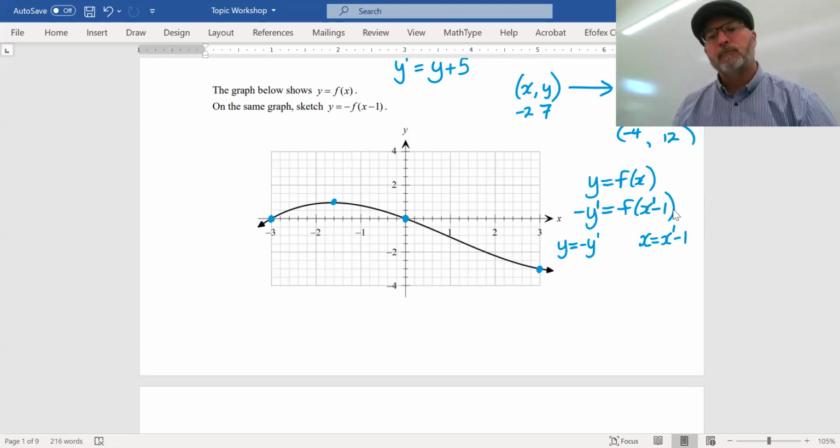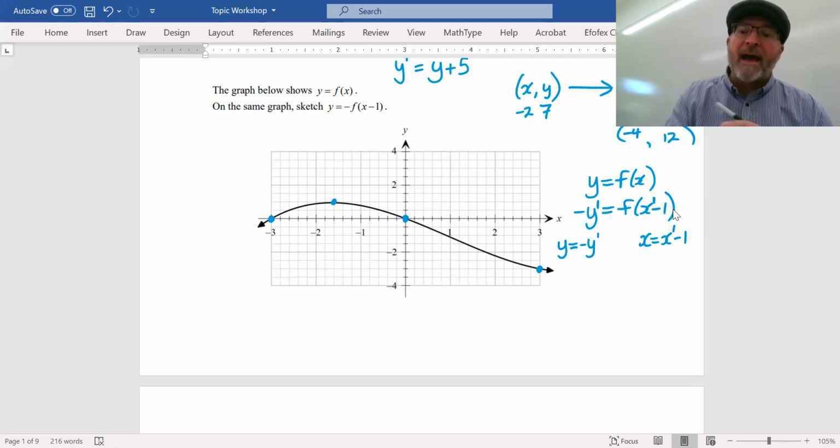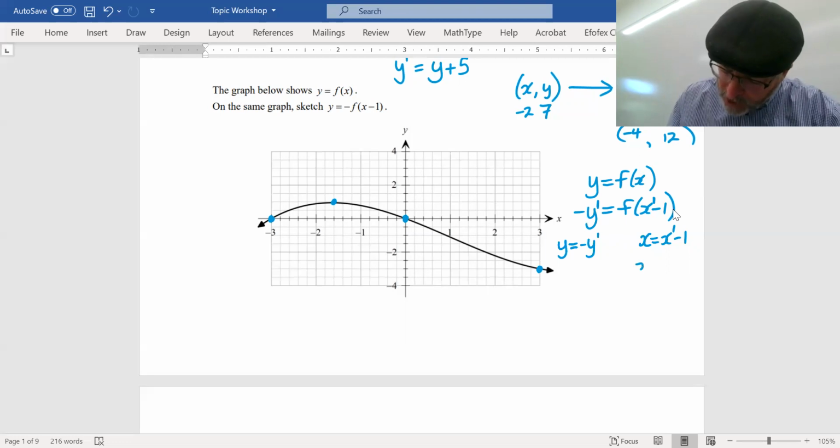Now, I want to know about the image points, where they're going to end up, because I've been given an original graph and I want to get each of the points that I've highlighted there and turn them into an image point. So I need x prime and y prime to be the subjects of the equation. So I just rearrange and get x prime equals x plus 1 and y prime equals minus y.